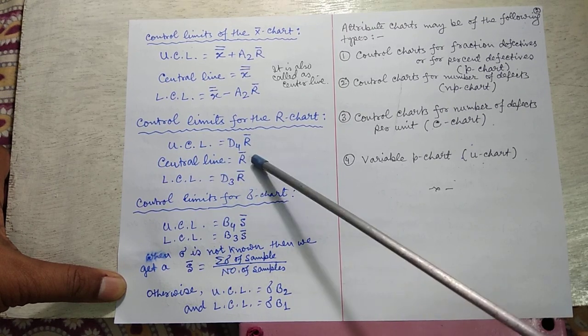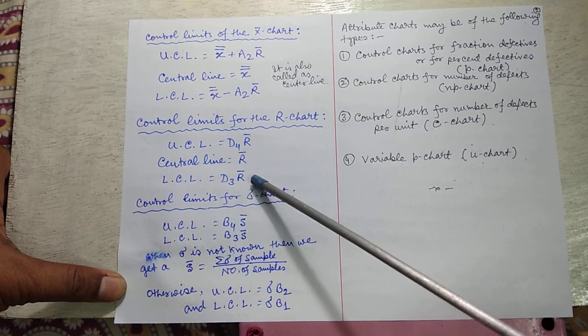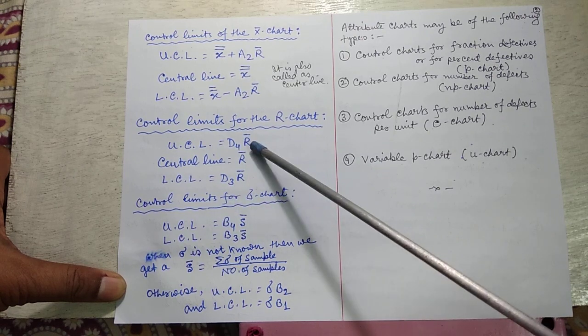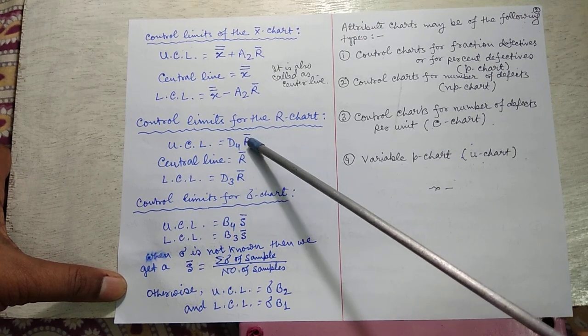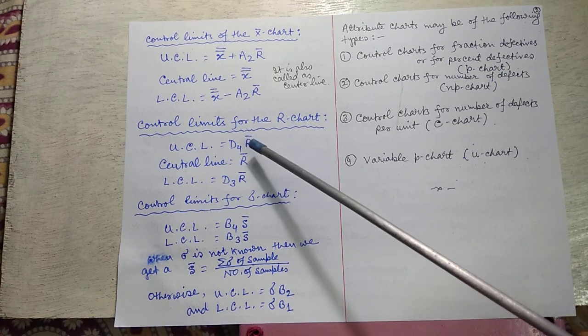Central line equals R bar, and lower control limit equals D3 R bar. And the value of A2 or D3 or D4 can be found from the table, or the value of D3, D4 or A2 will be given.